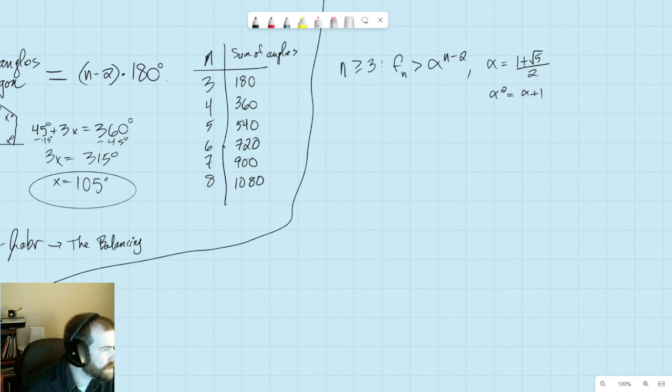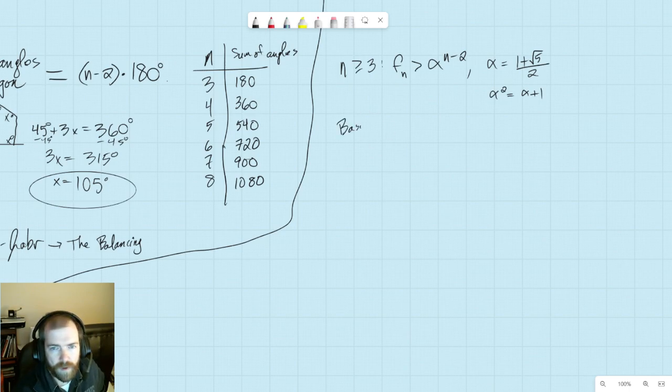So find p of n. So basis step said we want f of 3, because again, n must be greater than or equal to 3, is greater than alpha raised to the 3 minus 2.